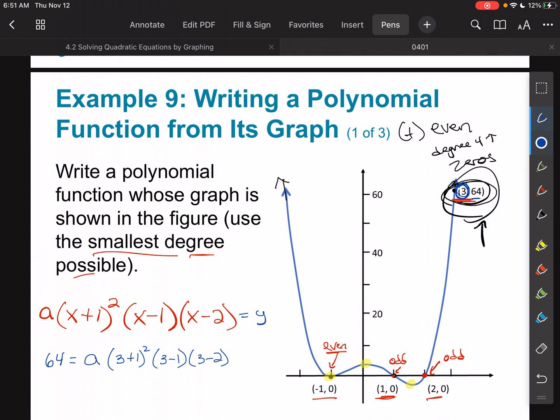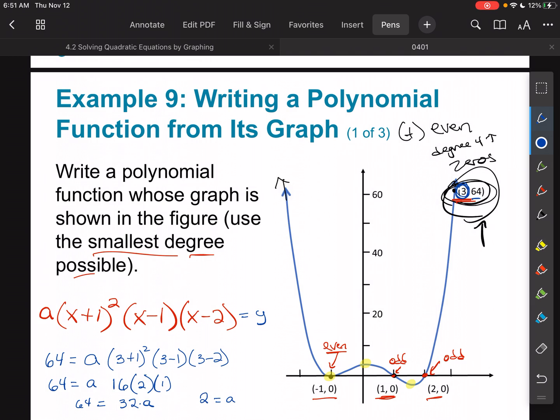Let's do some simplification. 64 equals a times 4 squared, which is 16, times 3 minus 1, which is 2, times 3 minus 2, which is 1. If I simplify that, I get 32 times a is equal to 64. So my a value has to be 64 divided by 32, which is 2.